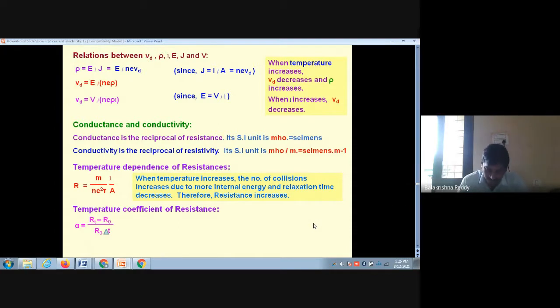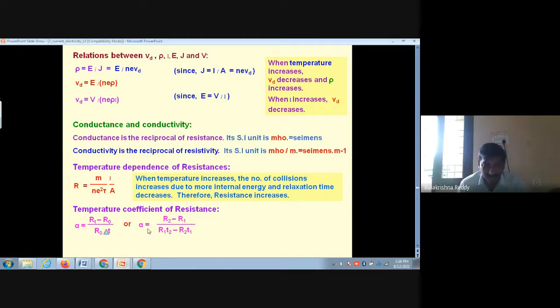Let me complete the temperature coefficient of resistance: alpha equals RT minus R naught, divided by R naught into delta T. So this is the way the equation has come. Now we will write this further by interchanging and multiplying inside.